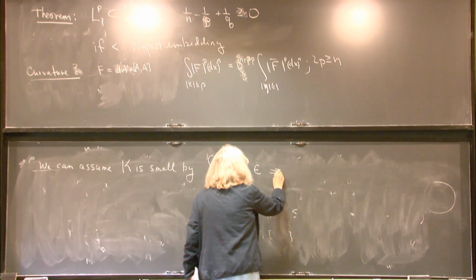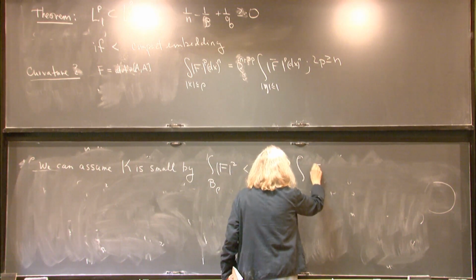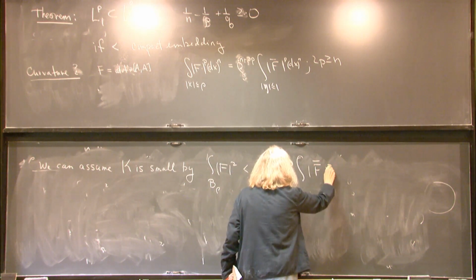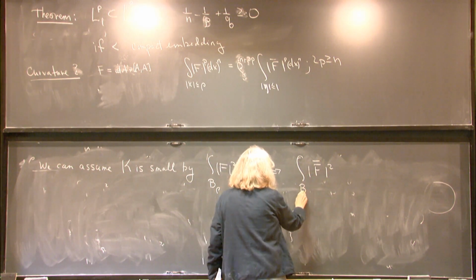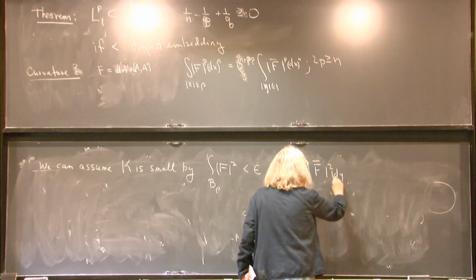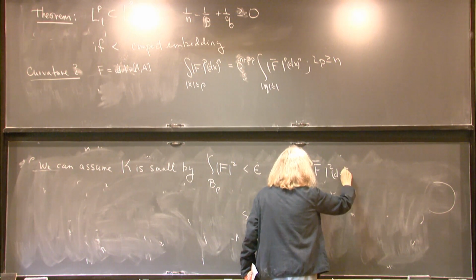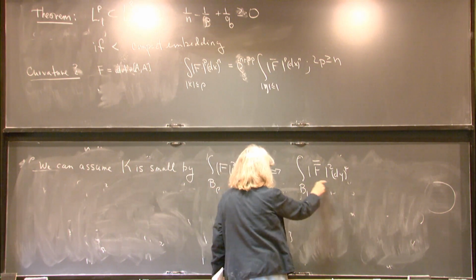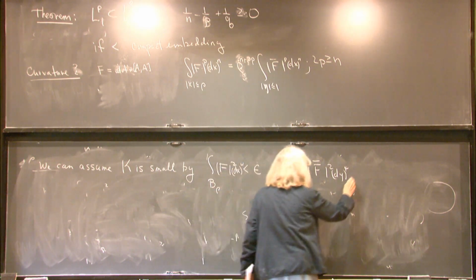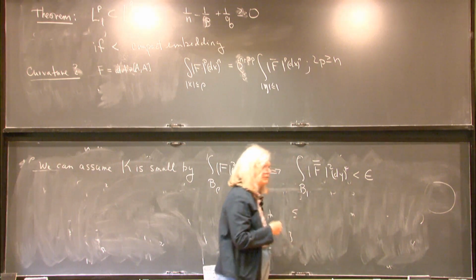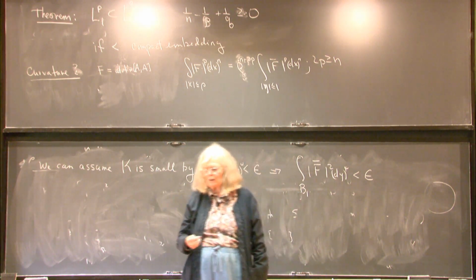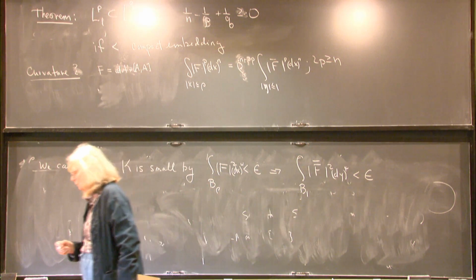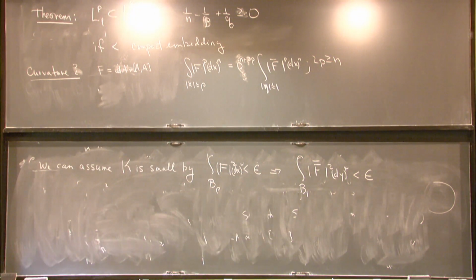This implies that the rescaled curvature, the integral of f bar squared over the ball of radius 1, dx to the fourth, is less than epsilon, because the problem is scale invariant. So that's the first assumption we can make: we prove it in a small ball, and then we can glue it together to whatever we're doing in the larger ball.